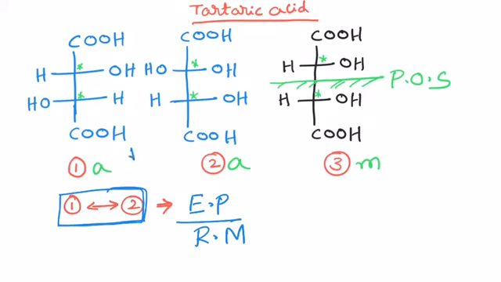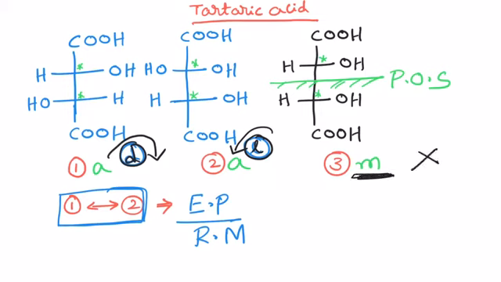In these two, one should be dextro, one should be levo. Dextro means it rotates plane polarized light towards the right hand side. Levo means it rotates plane polarized light towards the left hand side. An inactive compound or meso compound cannot rotate the plane polarized light.